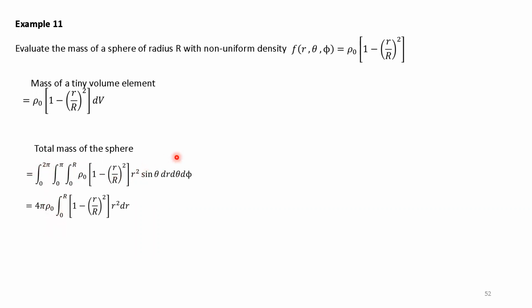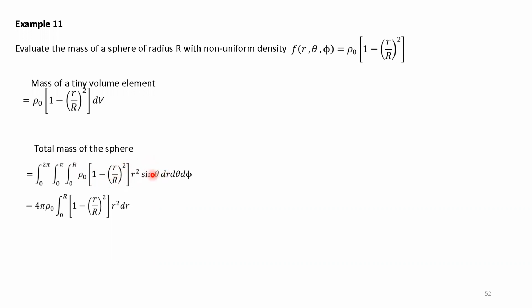Also, when you consider the first and second layers of the integral, you realize that your integrand can be written as a product of a function of r only and a function of theta only. That means you can treat this as a product of two integrals, the integral for r and the integral for theta.